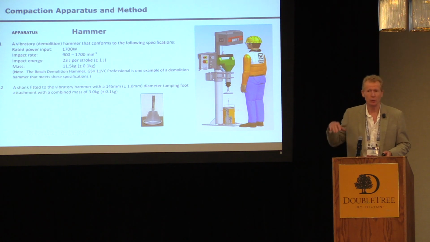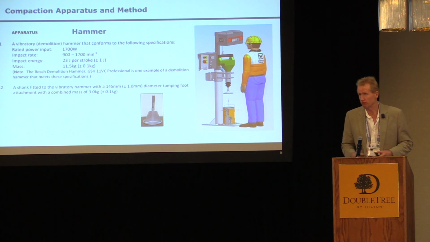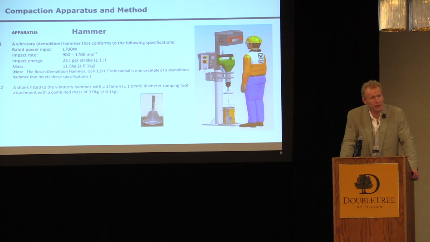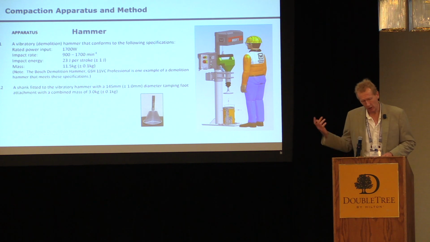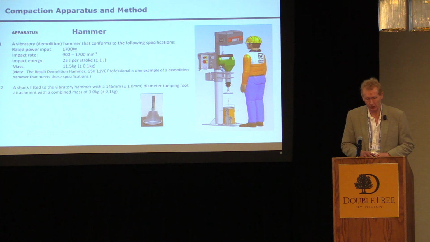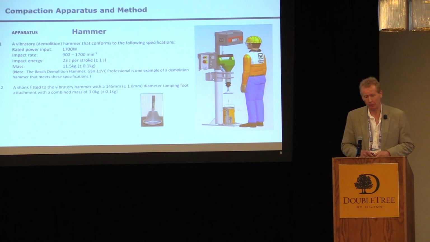As a result, there were different compaction frames, there were different weight and power ratings of hammers, and this all influences the compaction that you achieve, which is something that you need to control and needs to be as representative as possible of what you're getting in the field. So this is now a commercial product that we see in the picture on the screen, and it's a certain specification of vibrating hammer and a given frame.